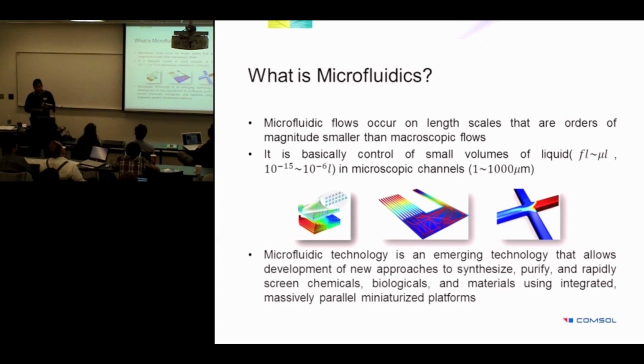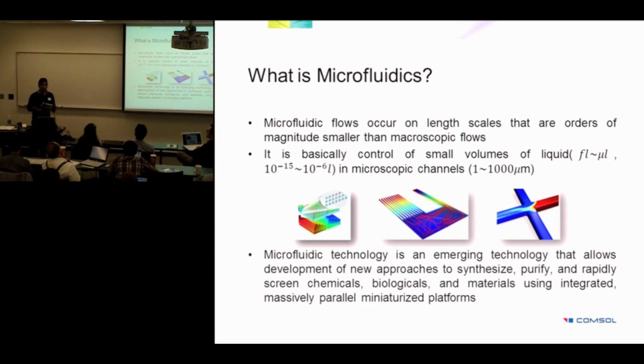So let's go back to microfluidics, and I'm sure you must have come across it, because you are doing research in microfluidics, and there is more expertise sitting here. So let's just revisit some of the concepts of microfluidics, what we are actually doing. Microfluidics, as we know, is fluid flow in very small structures, or flow occurring at very small length scales, when we are talking about femtoliters to microliters of volume.